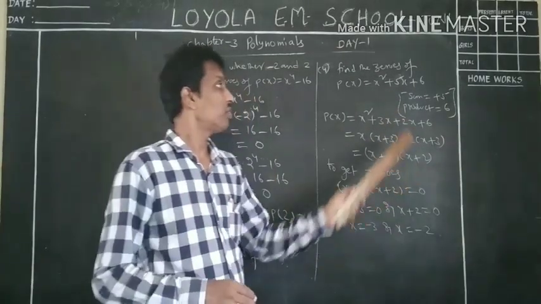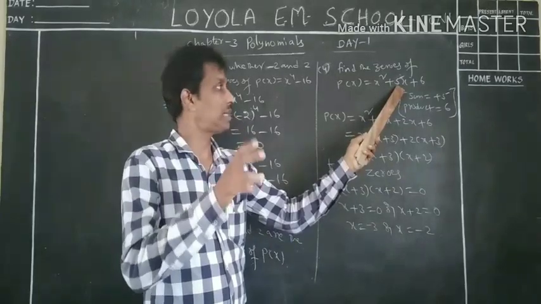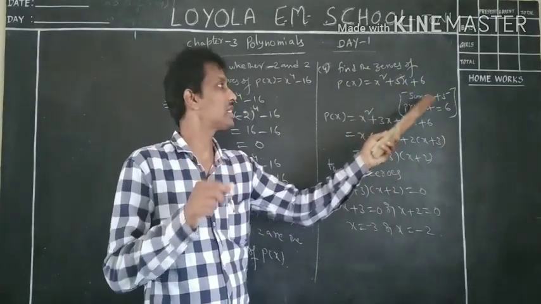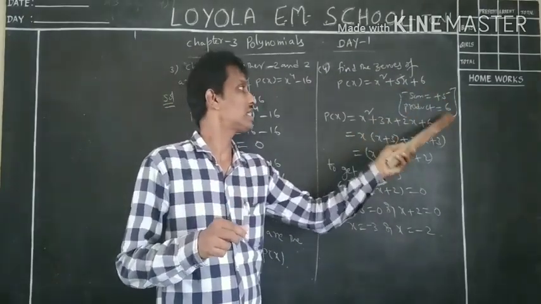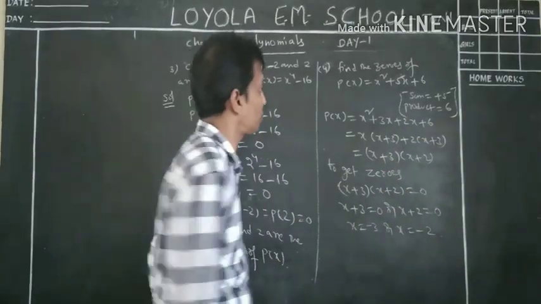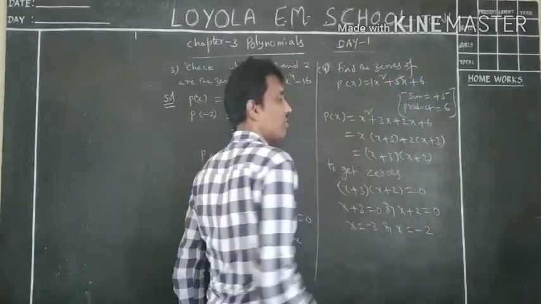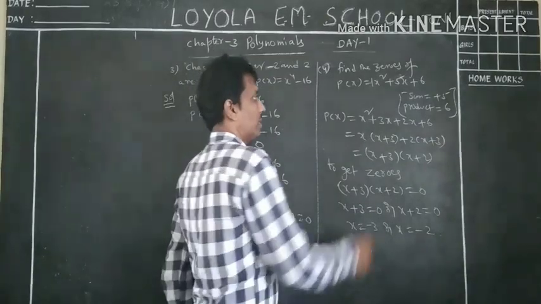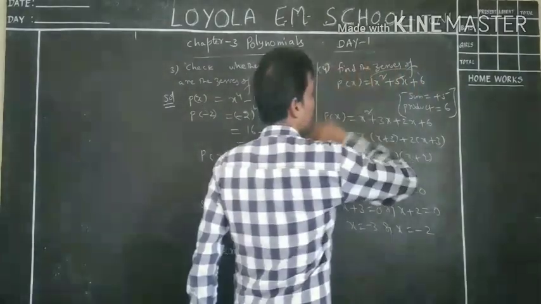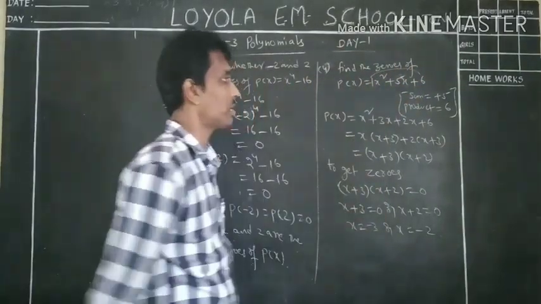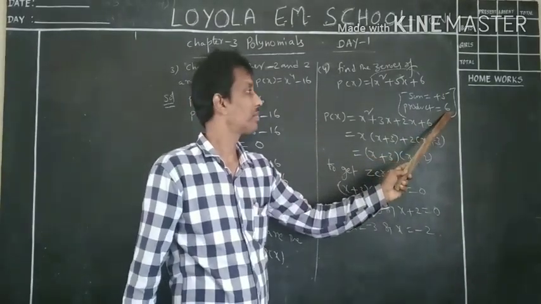At first we focus on the sum, that means the middle term. The sum is plus 5, the product is 6. How the product becomes 6, you know. Here the coefficient of x square is 1. That's why 1 into 6, the product becomes 6.